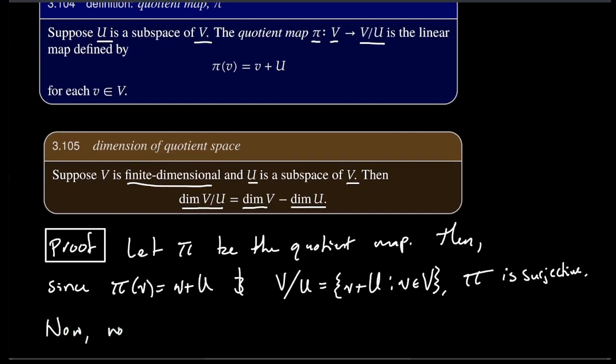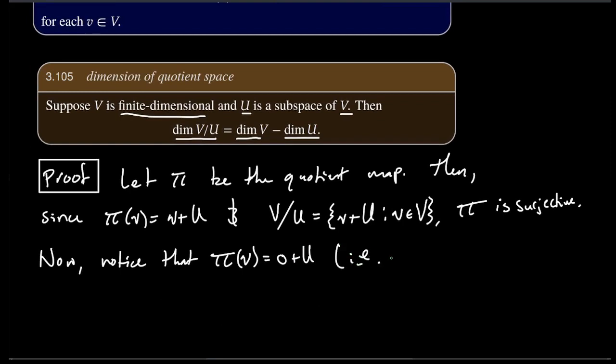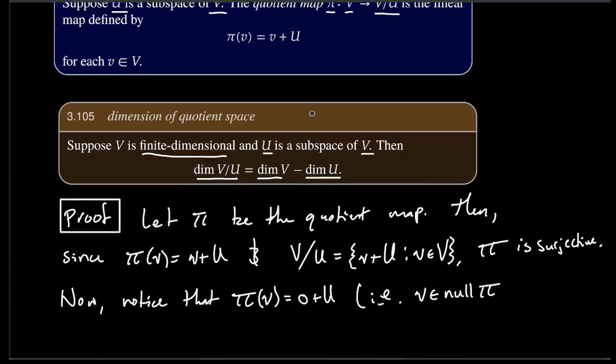Now, notice that pi of v is equal to 0 plus U, i.e., I'll write it this way, v is in the null space of pi, since 0 translating by 0, that's the additive identity, right? Since you have to send 0 to the additive identity of any other vector space if you use a linear map.